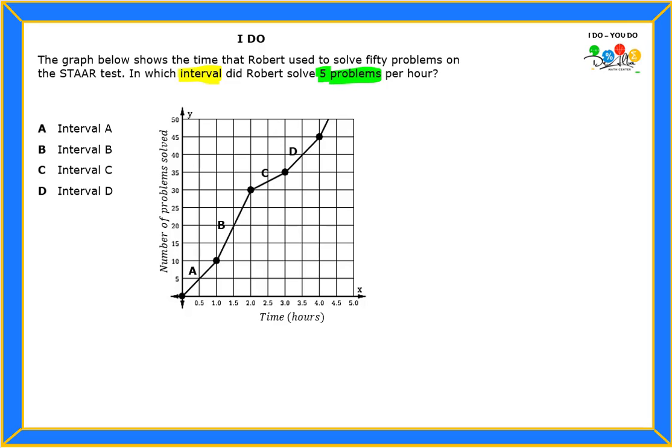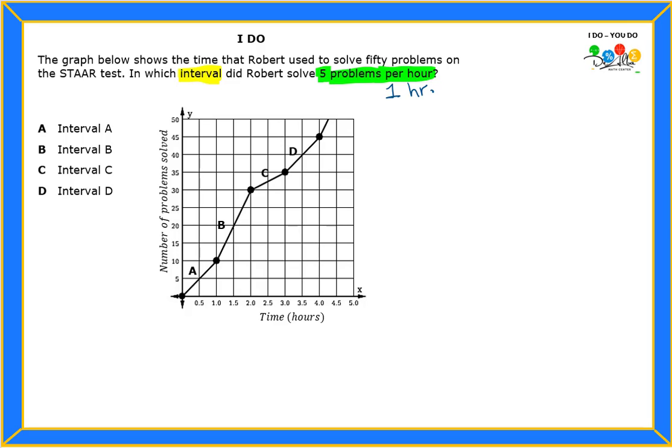And then it says per hour. What does it mean by per hour? If somebody says per hour, then I'm hoping that you think of 1 hour. Notice how the question is already giving you the answer. So we're not looking for an exact number as an answer.